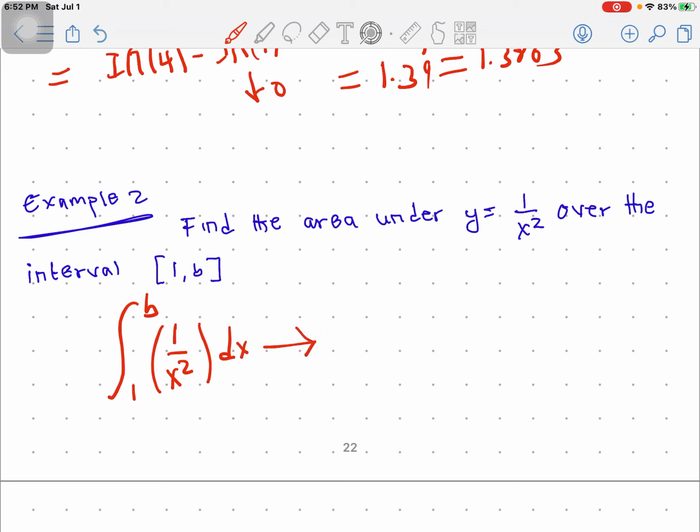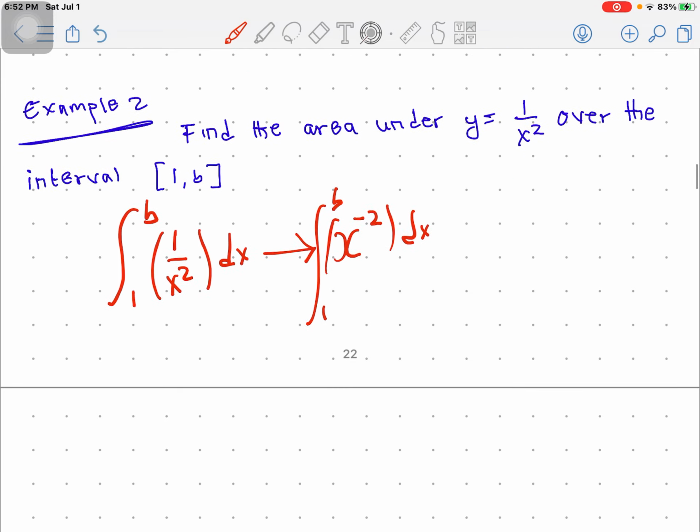So we continue to do our integration, but let's simplify it first. We are going to bring the x squared up, so it's going to be x power negative 2. So the integral of x power negative 2 from 1 to b with respect to dx.